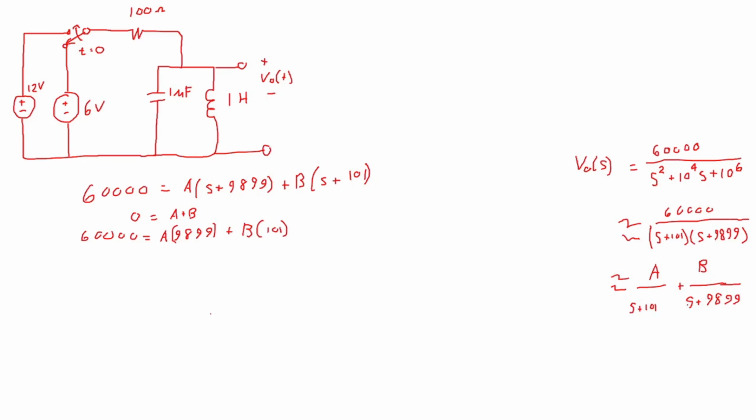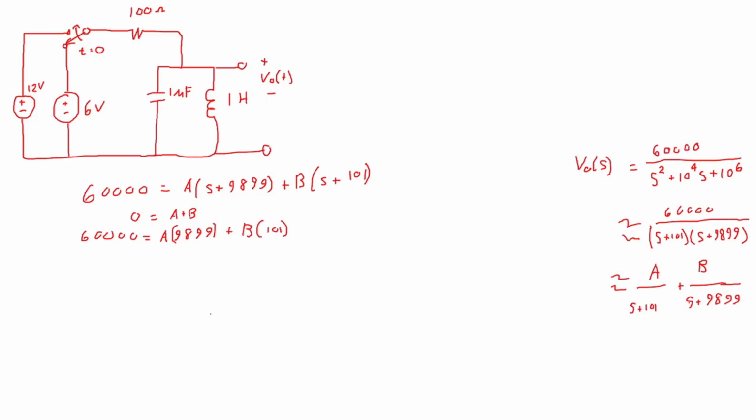And then you'd make s negative 9,900. One of your equations would look like a over 1, and the other equation would give you b over negative 1. And you'd punch your way through it.